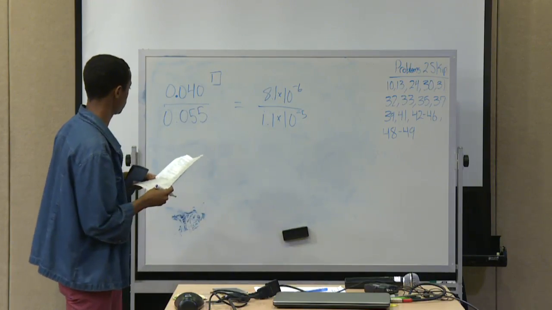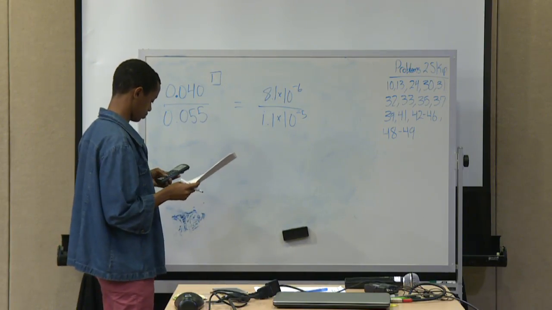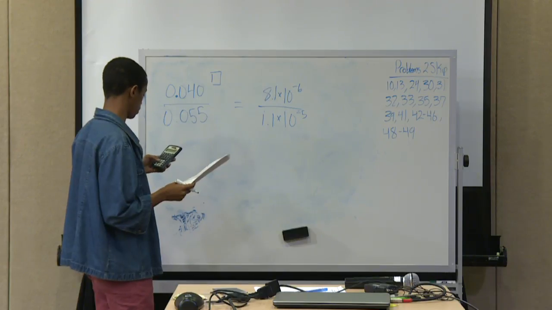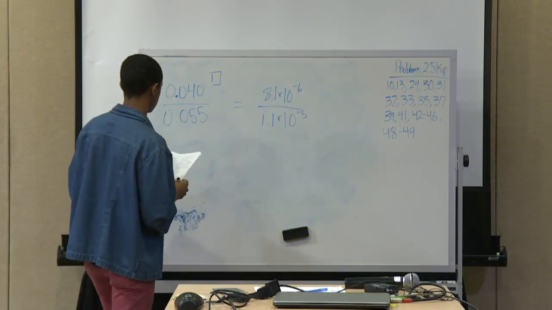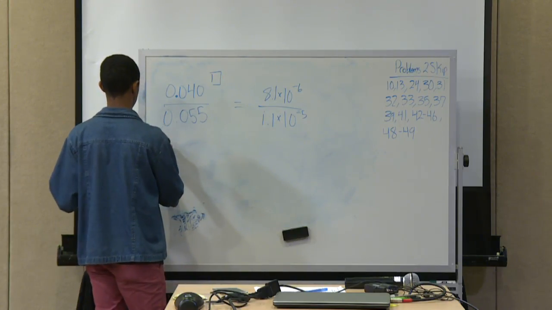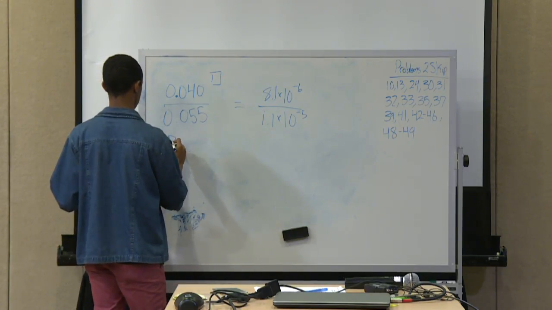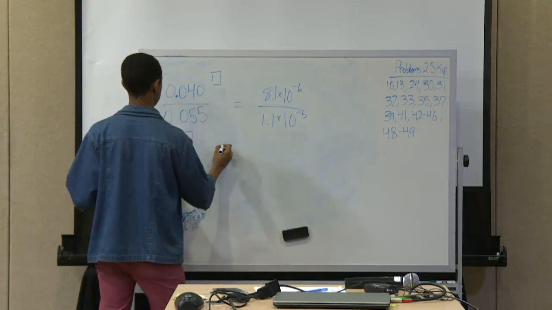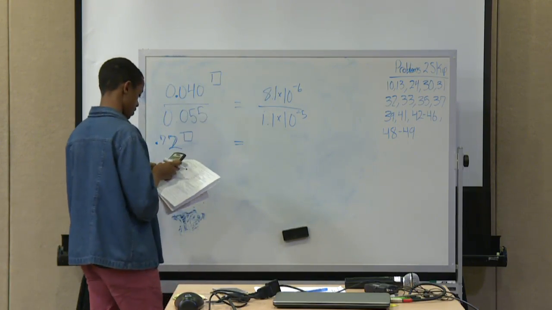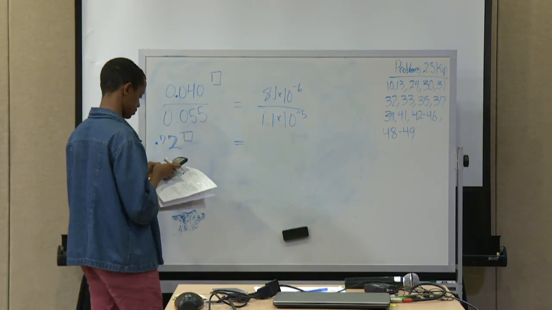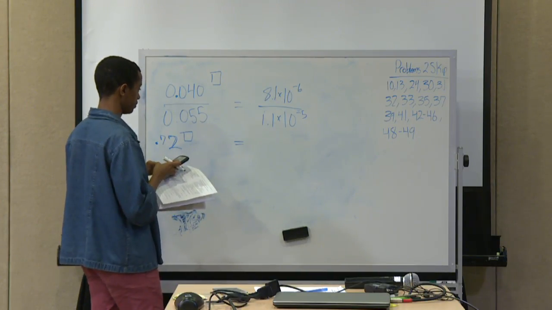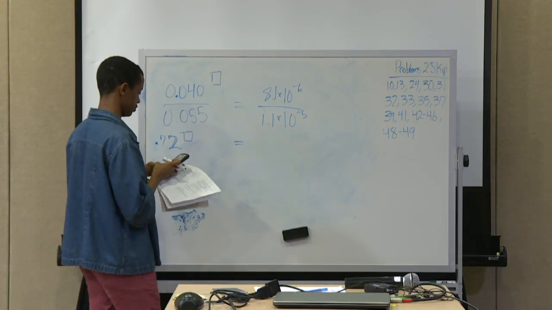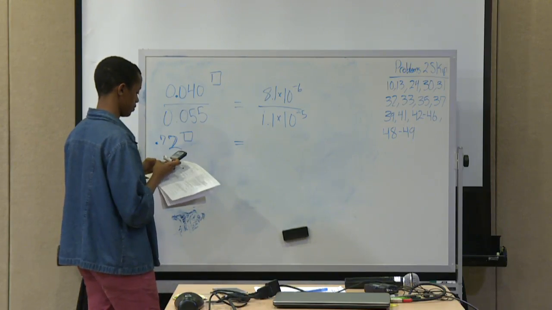So this number ends up being 0.04 by 0.055 equals 72, raised to some number, equals 8.1 times 10 to the negative 6 divided by 1.1 times 10 to the negative 5.